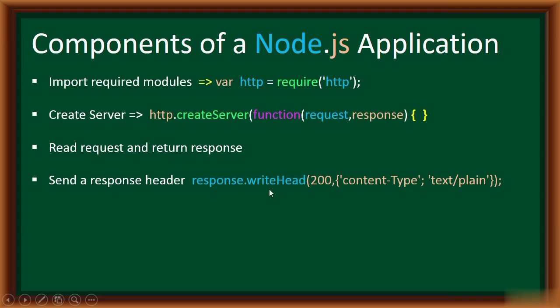You do response.writeHead, and then you pass it a value for the response header. So what happens after receiving and interpreting a request message? A server responds with an HTTP response message.